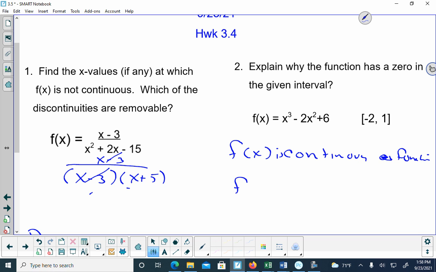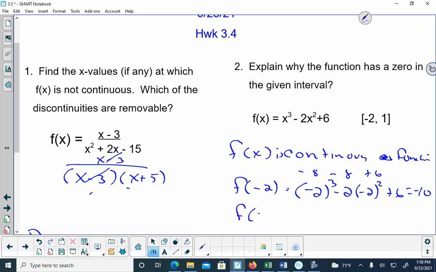And then if I find f of negative 2, that's negative 8 minus 8 plus 6, so negative 10. Yes? And then f of 1 is going to be 1 to the third minus 2 times 1 squared plus 6.